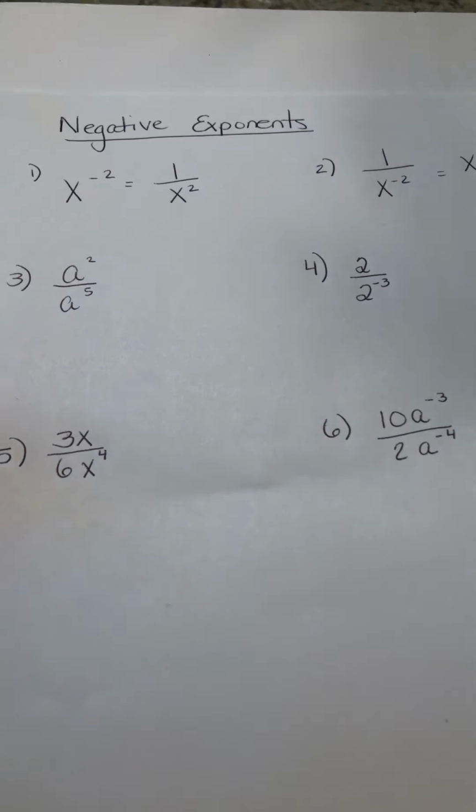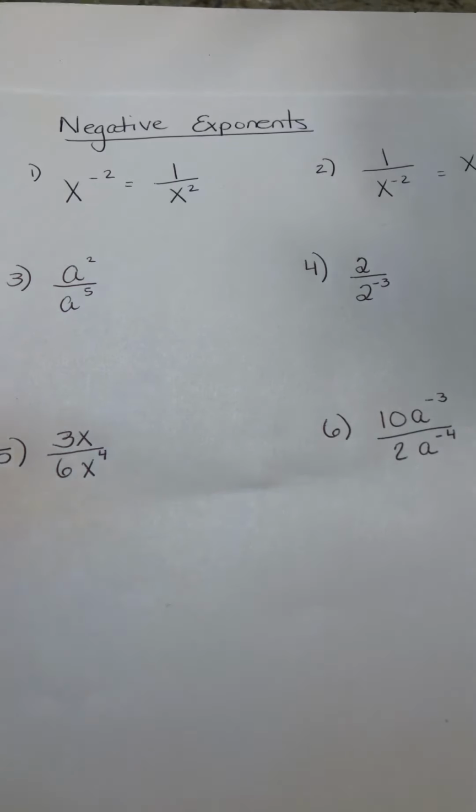It's negative, so it changes places. So I have 2 to the first times 2 cubed, and that becomes 2 to the 1 plus 3, or 2 to the 4th power, which again is 16. So you see how we get the same answer, just two different ways of thinking about the problem.